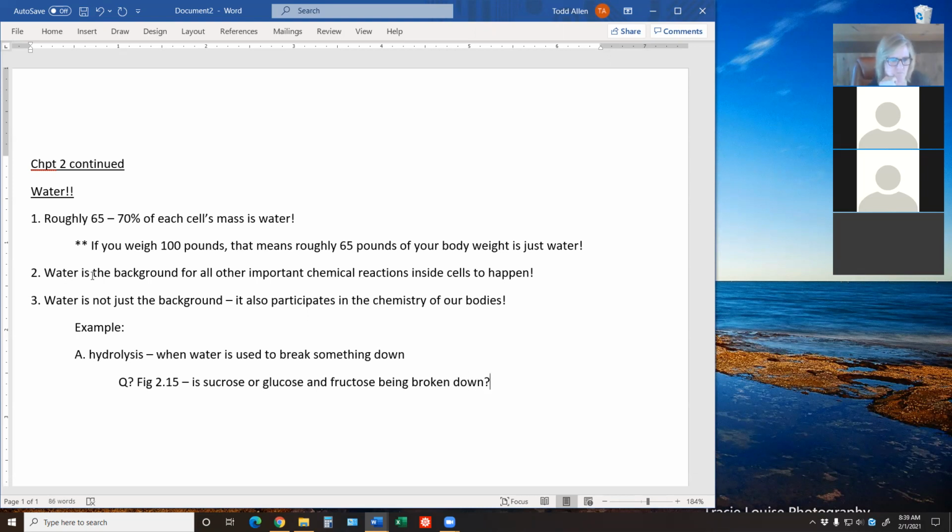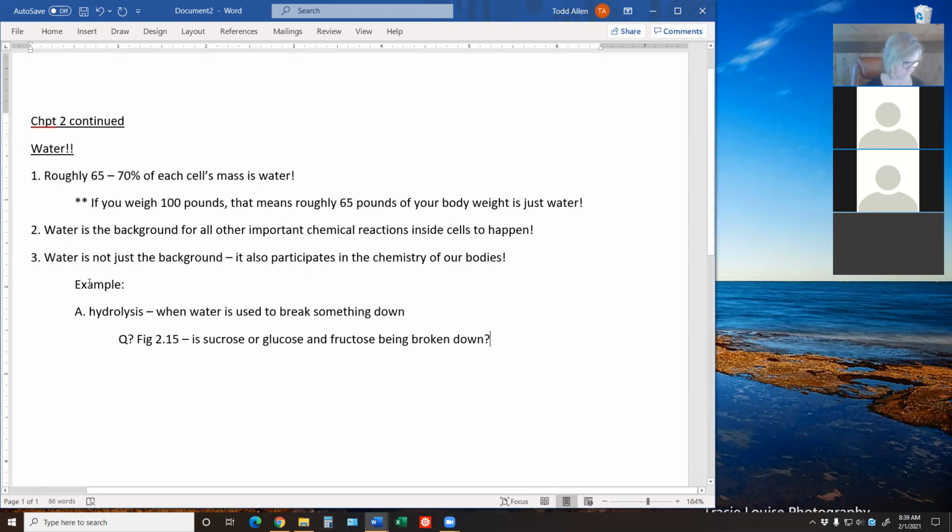What do you say? Is it sucrose that's being broken down, or is it glucose plus fructose that's being broken down?